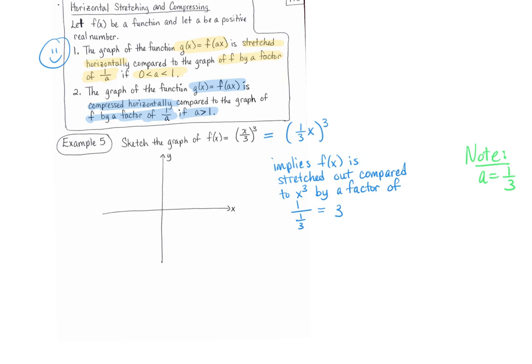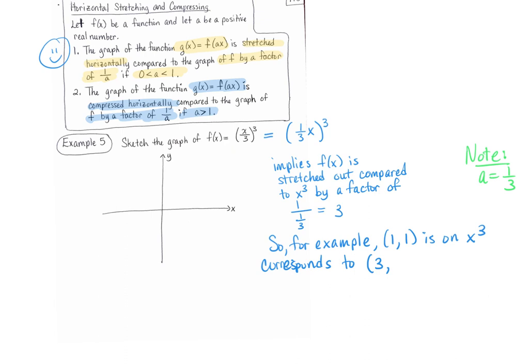So, for example, we know that the point (1, 1) is on the graph of x cubed, and that will correspond to, since we're stretching horizontally, the only thing impacted is the x coordinate.